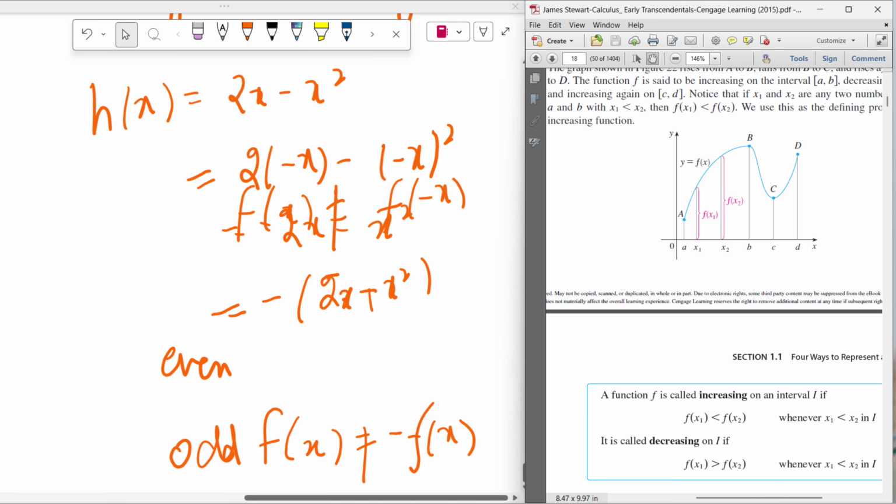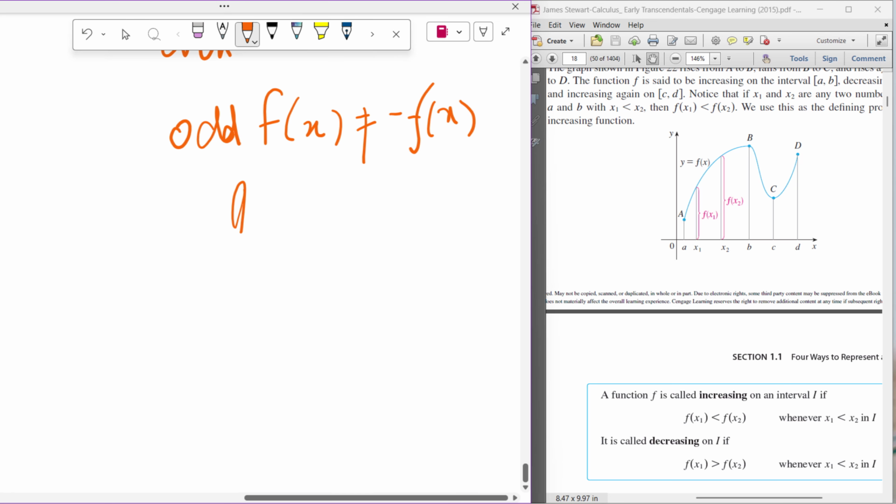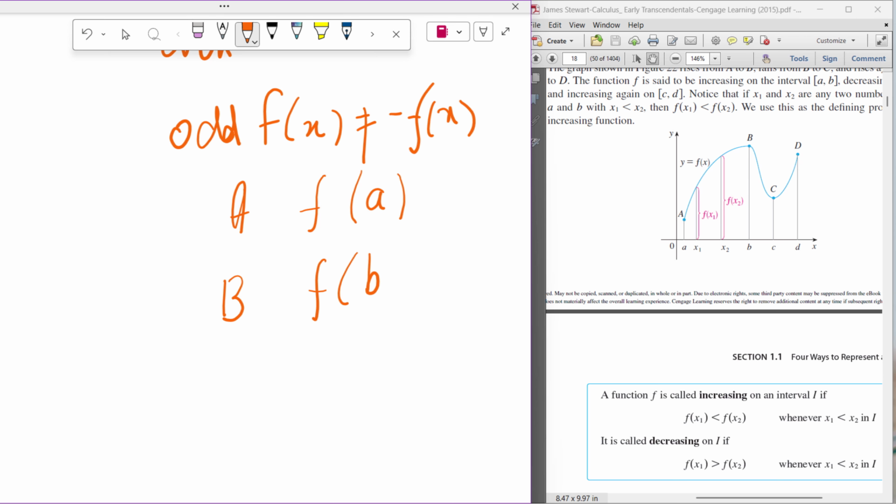Let's say at point B the graph value starts increasing. It means the value at point A, that is f of A, and the value at point B, that is f of B. So I can write f of A must be less than f of B, or simply the value at point B must be greater than the value at point A. That's why the graph starts increasing from point A to B. But when the graph starts decreasing from point B to C, how can we check?